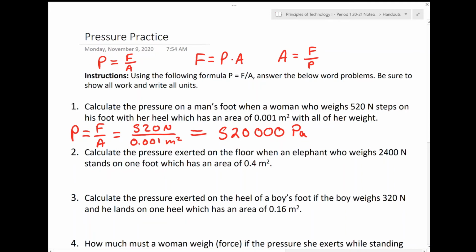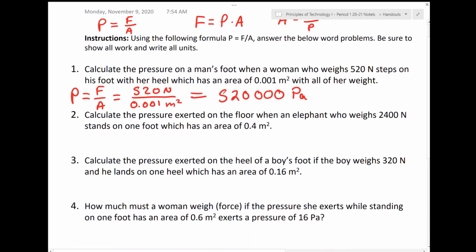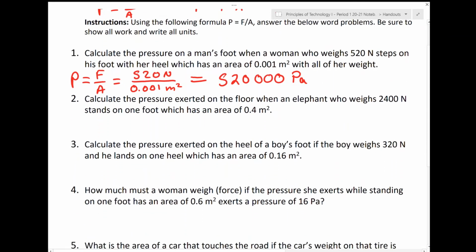Number 2 says, calculate the pressure exerted on the floor when an elephant who weighs 2400 newtons stands on 1 foot, which has an area of 4/10ths of a square meter. Same equation, pressure is equal to force divided by area. The elephant weighs 2400 newtons.